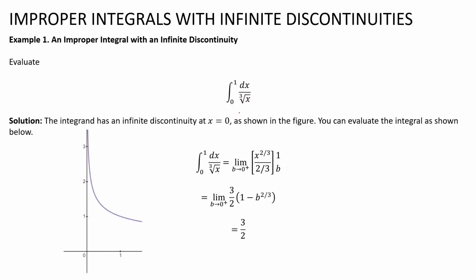So this is the solution. Again, let's say you're going to plug in 0.0000, 10 zeros, raised to the power of 3/2. This is still valid because this is on the right-hand side of 0, 0 plus.